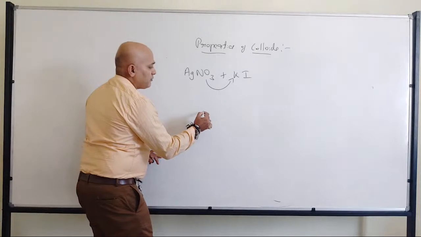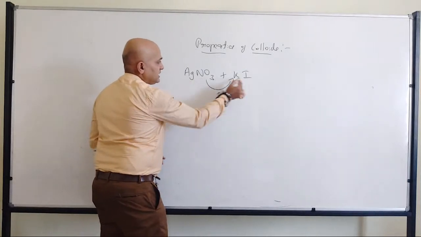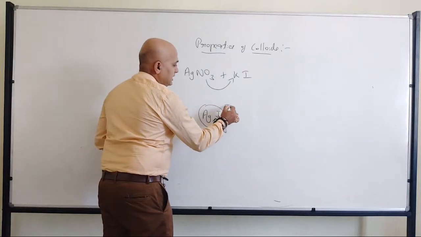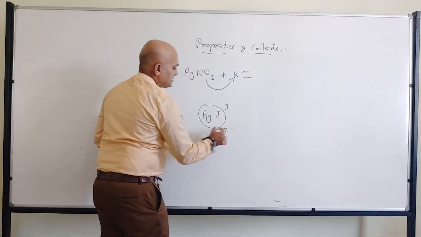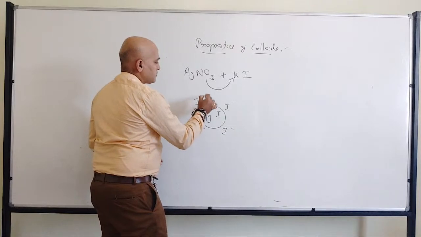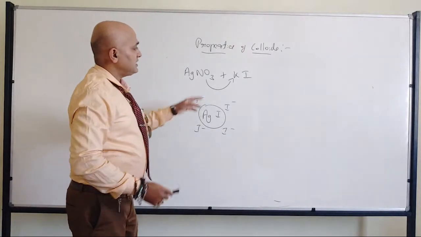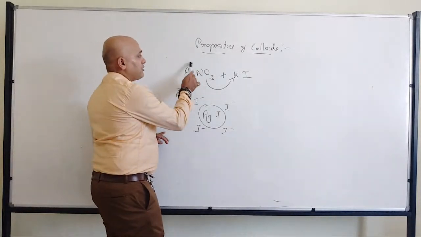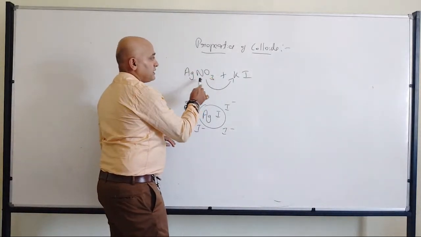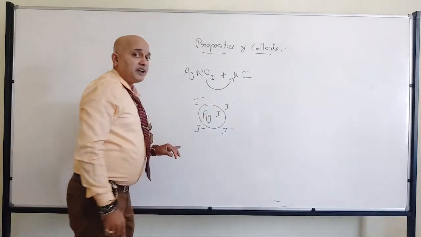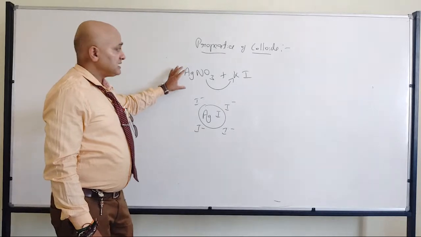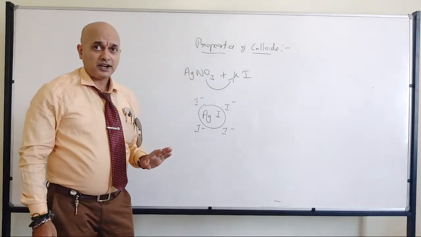Now what will happen during that time? AgI will be surrounded by the negatively charged iodide. Try to understand this properly. I have silver nitrate, and when I add it to the potassium iodide solution, the concentration of silver nitrate will be a bit less compared to potassium iodide.